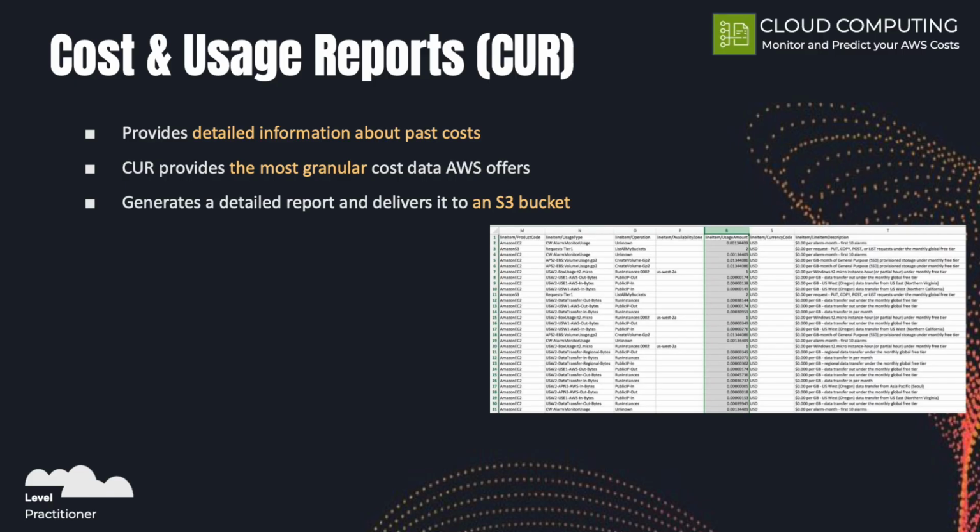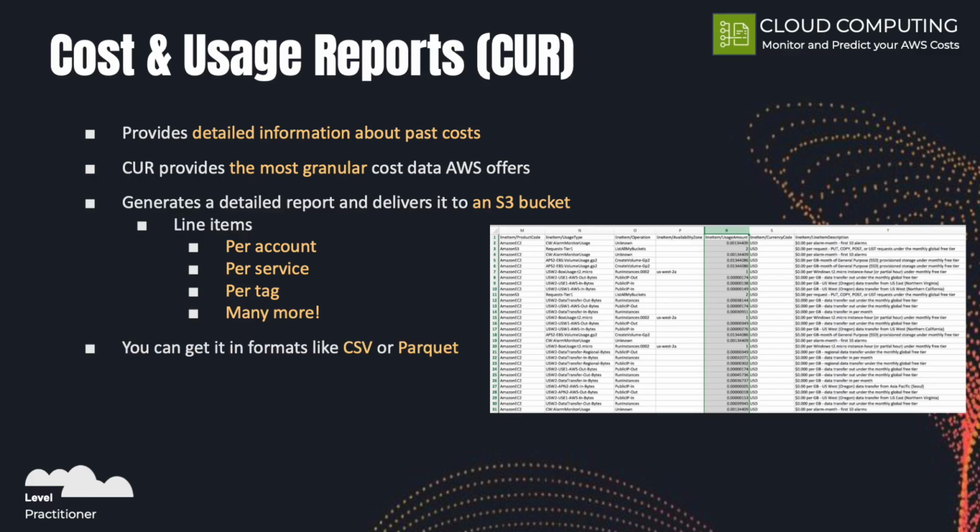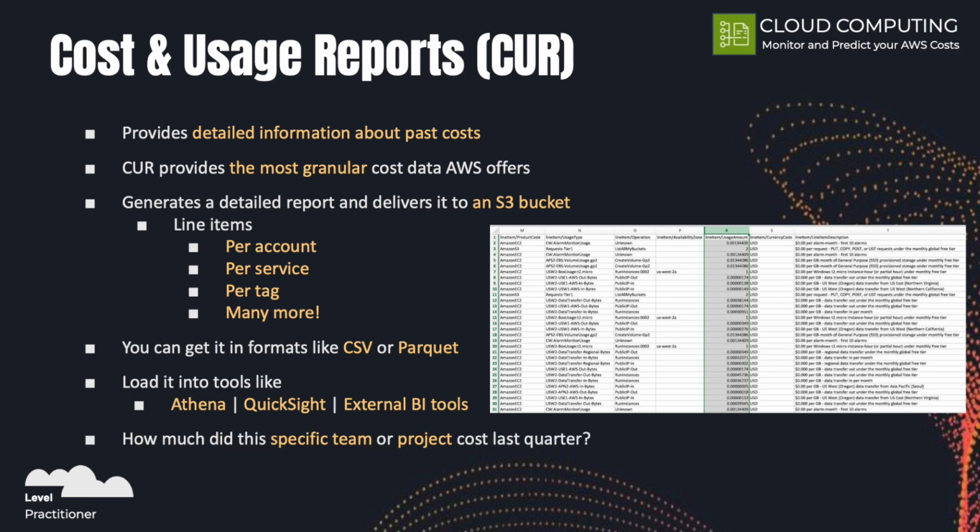It generates a detailed report of historical cost and usage and delivers it to an S3 bucket with line items per account, per service, per tag, and many, many more. You can get it in formats like CSV or Parquet and then load it into tools like Amazon Athena, Amazon QuickSight, or even external BI tools. This is what enables questions like, how much did this specific team or project cost last quarter? And it's also how you build internal cost breakdowns per department, application, or environment.